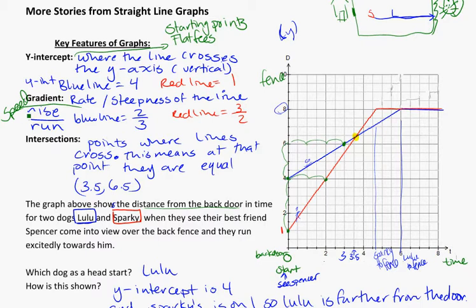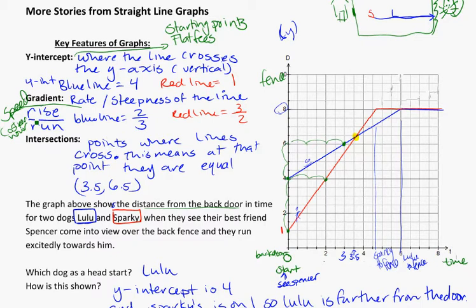The gradient is also the rate or the steepness of the line. We calculate it finding the rise over the run on the graph. And this refers to the speed, and sometimes also to the cost per hour. So for instance, a plumber who charges $100 per hour is more expensive than a plumber who only charges $50 an hour.